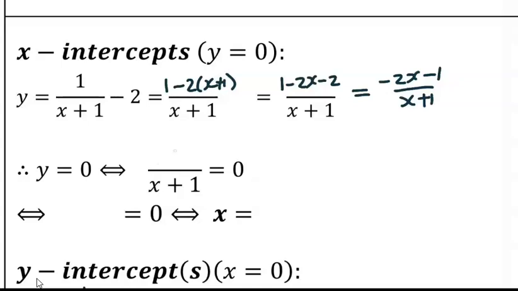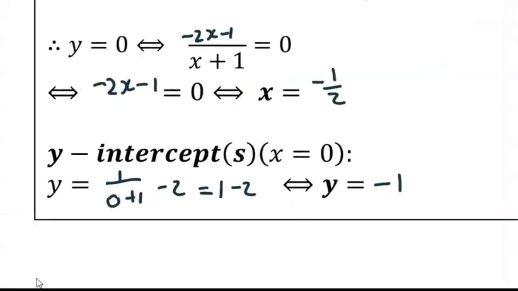So y will be equal to 0 if this minus 2x minus 1 is equal to 0. It can only happen when the numerator is equal to 0. The denominator has nothing to do with the function becoming 0. So in this case my x will be -1/2.